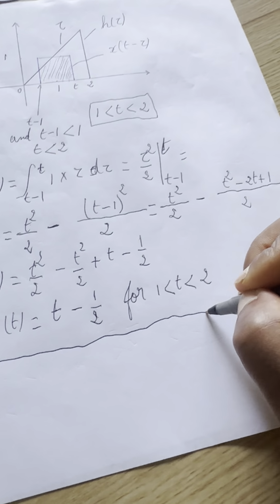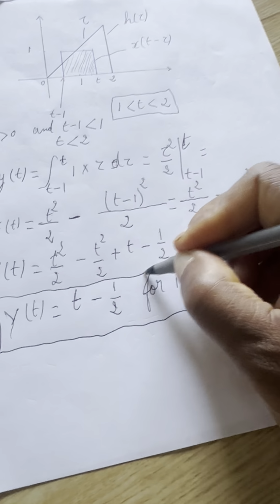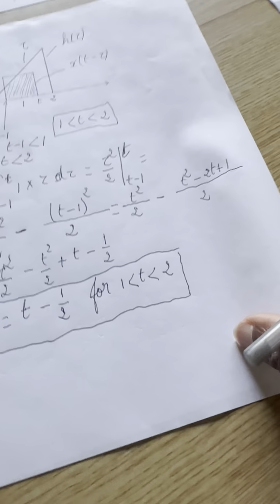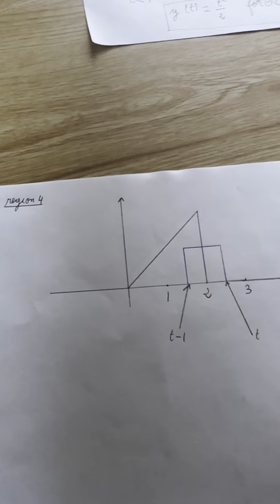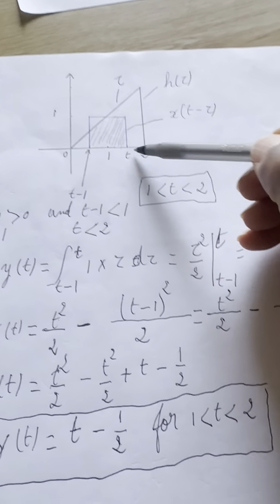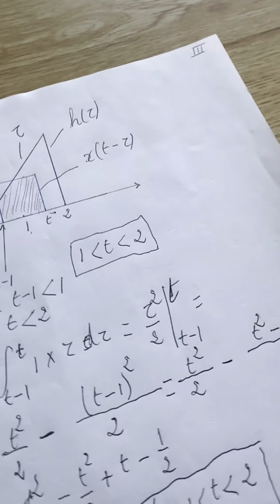This is for region number 3. Now here we have region number 4. On region number 3, we are here, so now we need to move it to the right.